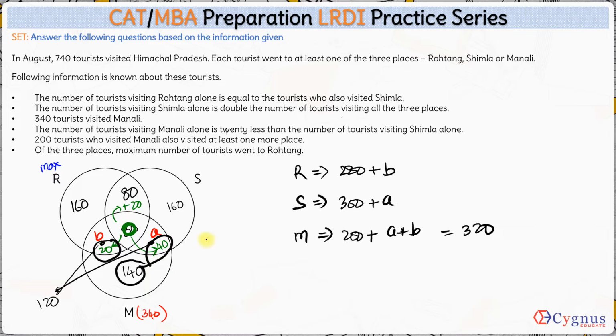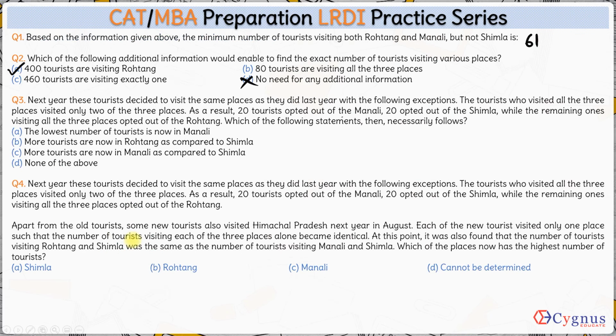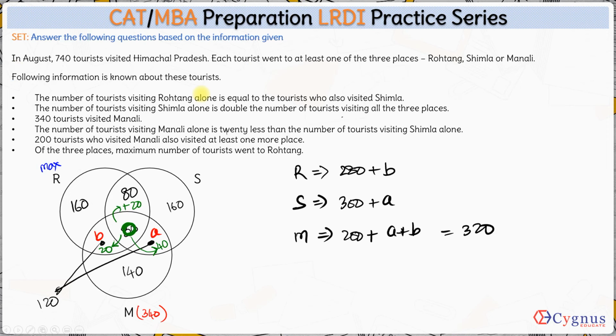Okay. So now let's look at the options. Which of the four options given is correct? First, the lowest number of tourists is now in Manali. Before we verify the options, we know B should be greater than or equal to 61. We had figured this out already in the first question. B should be greater than or equal to 61 because the maximum number of tourists should visit Rohtang during the first year.